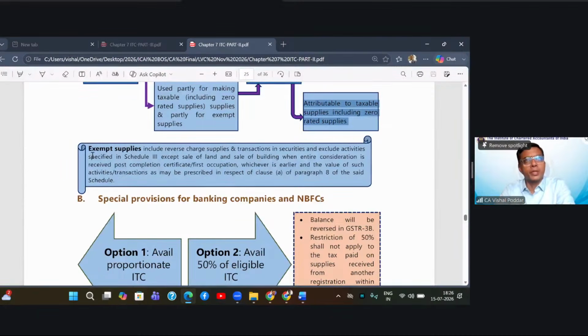One definition we have already seen of exempt supply, which is the standard definition for the entire Act, includes nil-rated supply, wholly exempt supply, and the supplies which are kept outside GST.